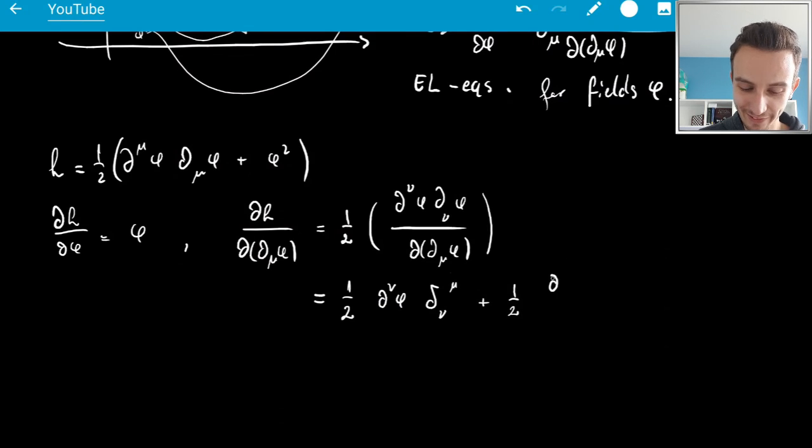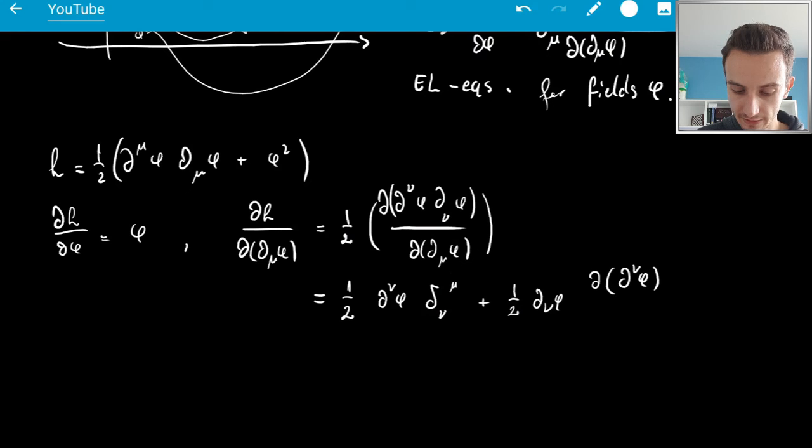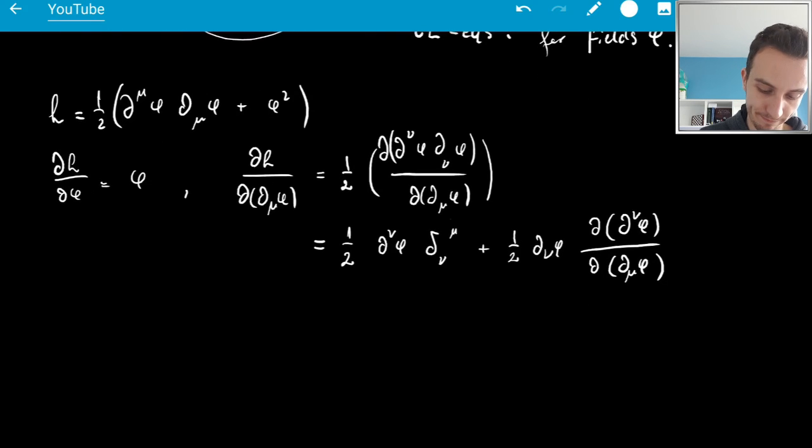Usually you would never do it this slowly. Plus, I copy this term, and then I forgot this delta here. Delta of d nu phi, d mu phi, but this guy is equal to eta nu sigma d sigma phi, and this eta is just the Minkowski metric, right? I'm going to use this signature.